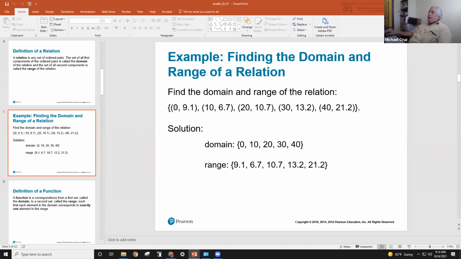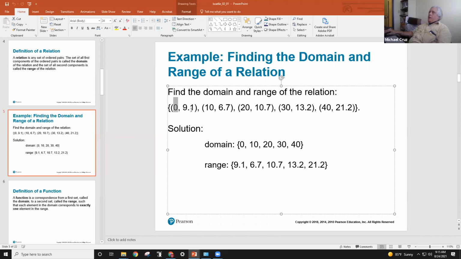So the domain is just all of the first terms. You see that zero is going to come down here and go in our domain set. That's all that bracket means: open up that bracket, and it means we're going to name a set. Then we've got a 10, a 20, a 30, and a 40.